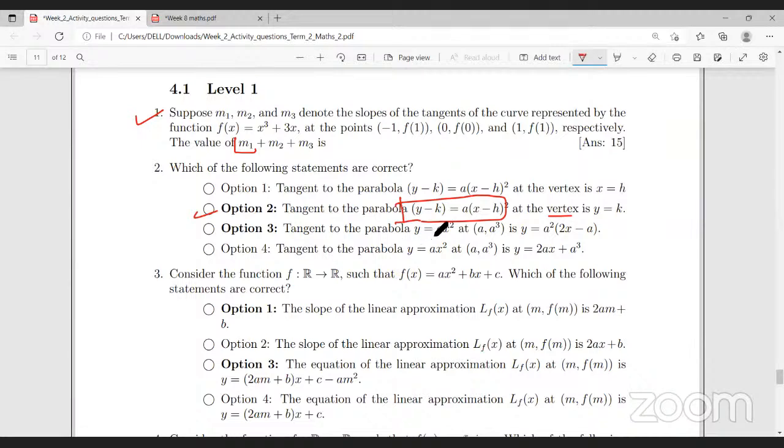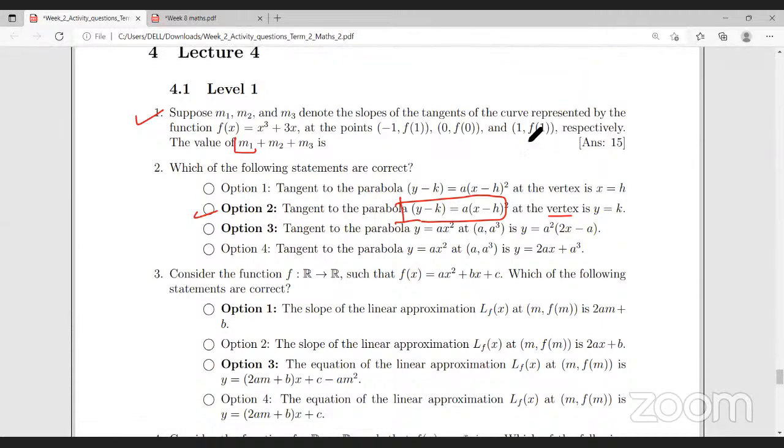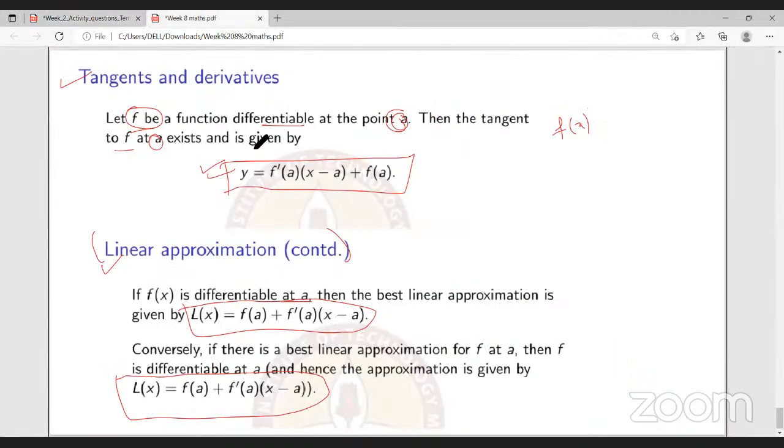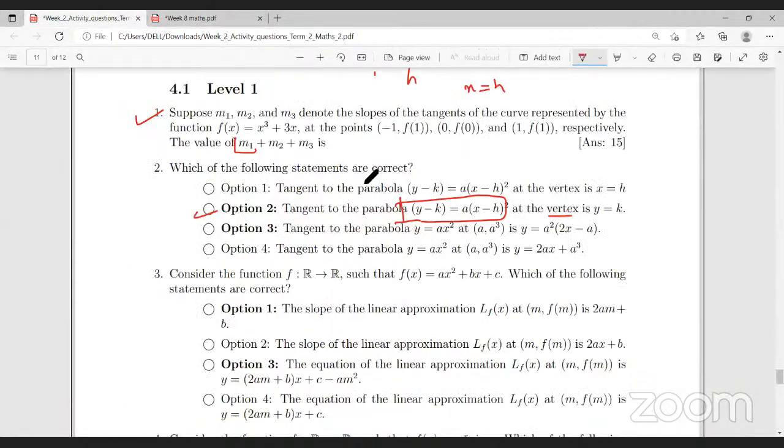H comma k. The x coordinate will be h, right? So just apply this. You will get y equals k only.